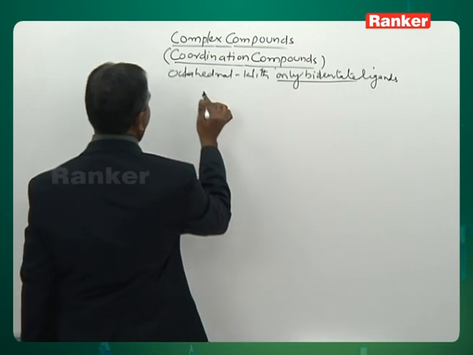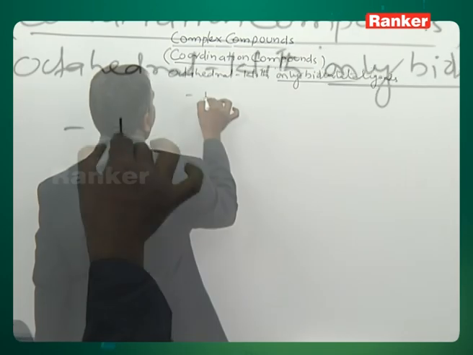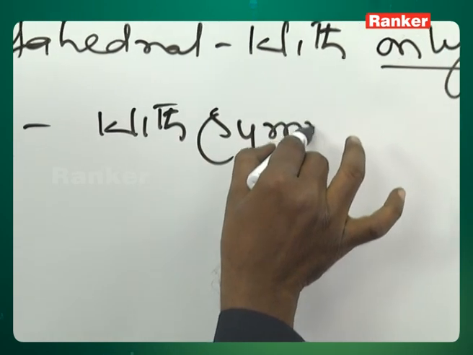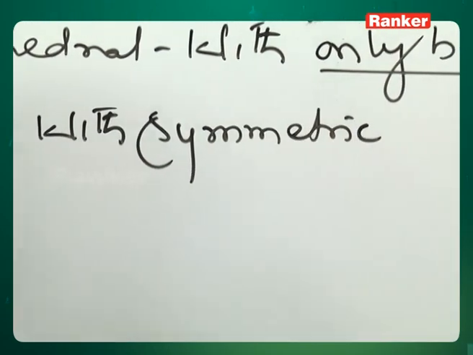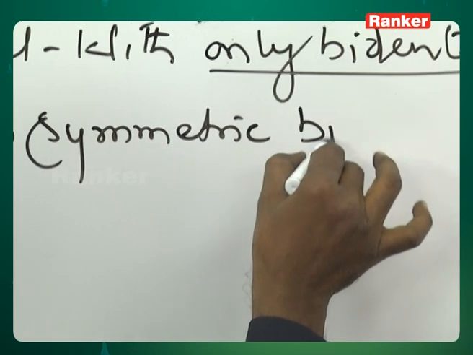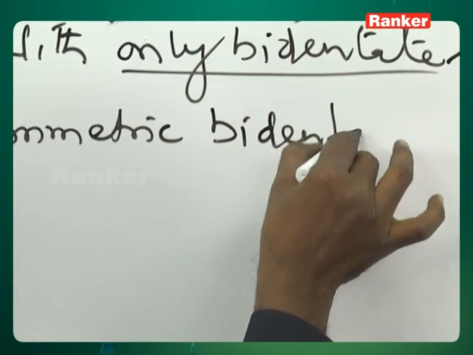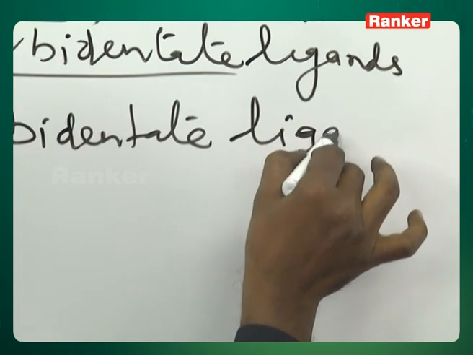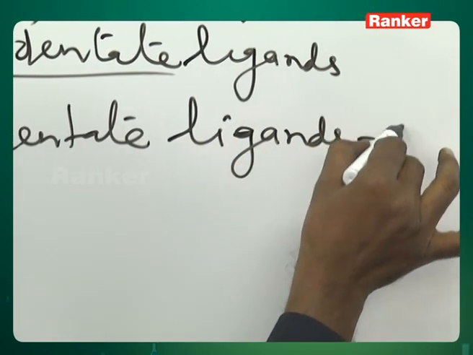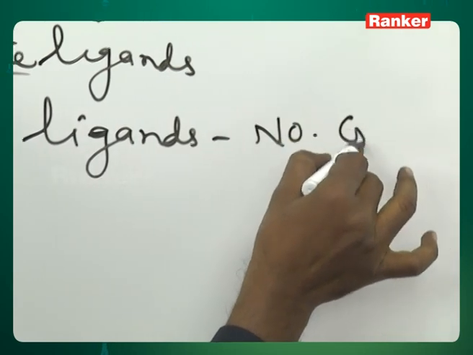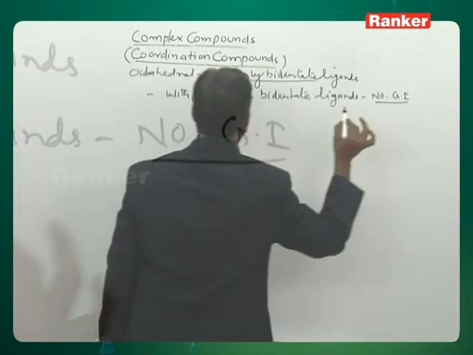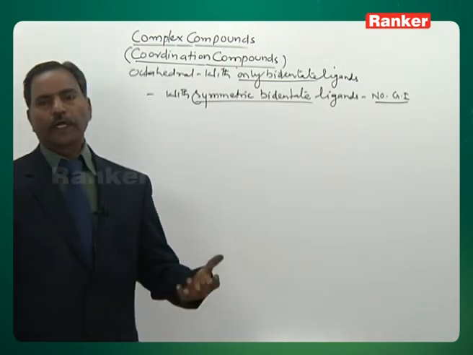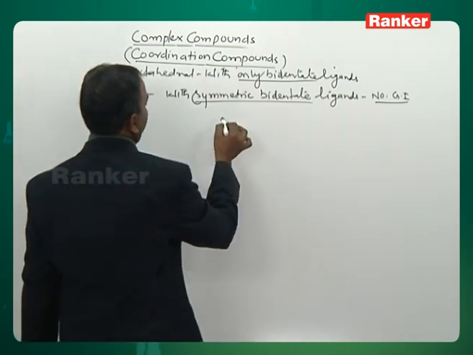Look here, I am writing the same point here. With symmetric bidentate ligands, no geometrical isomerism. Let me give a model complex.